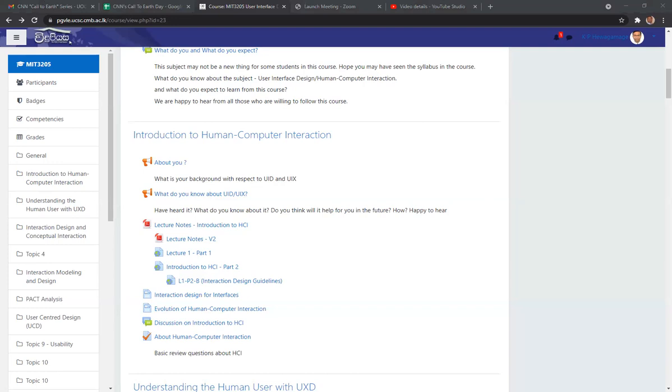Let me explain the difference between these two things in simple terms. Most of the time we design the interface. Interface technically means what appears in front of us in order to use something.